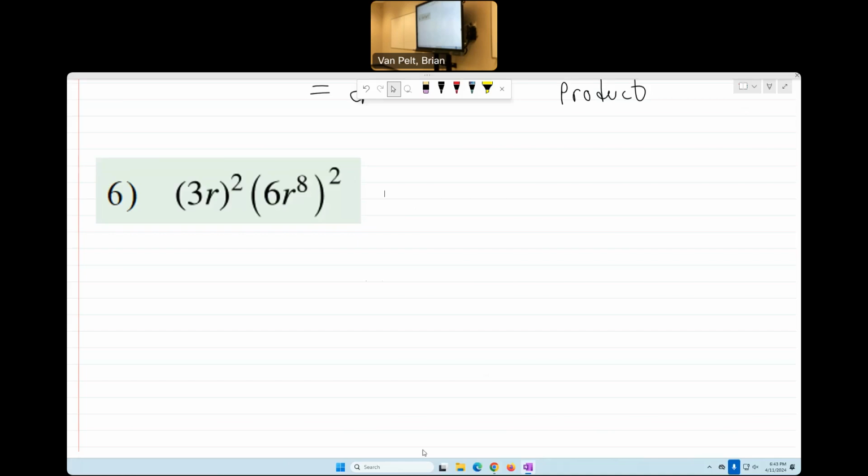So one rule says that I can write that part as 3 squared times r squared. So if I have 3r and I take it to the second power, the rule says that this equals 3 to the second times r to the second.